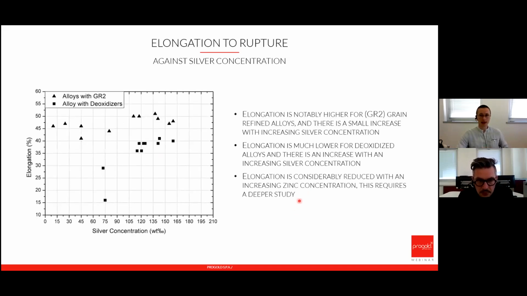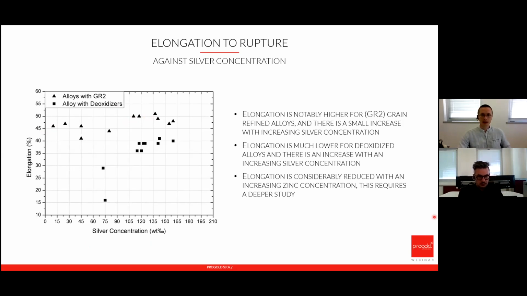Looking at the elongation to breakage, there is not an evident trend here either. It seems that for the alloys with grain refiner number 2, the triangles, there is a small trend that increases the capacity of the alloy to elongate before breakage with increasing silver concentration.